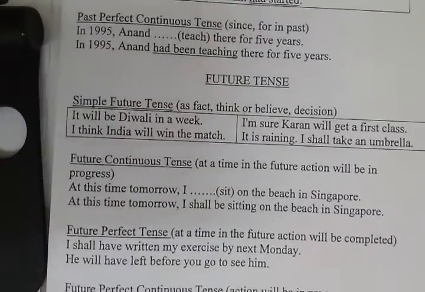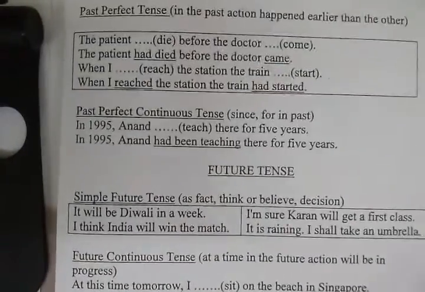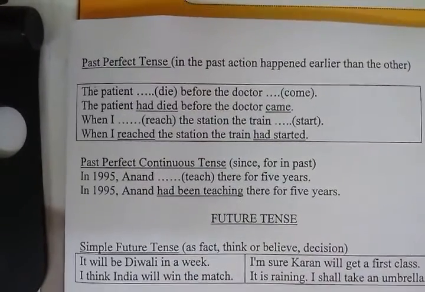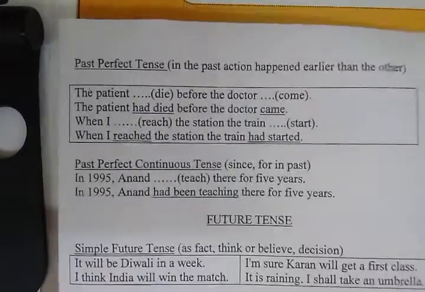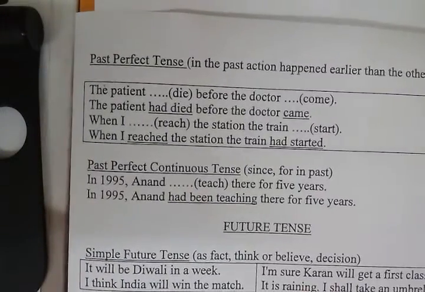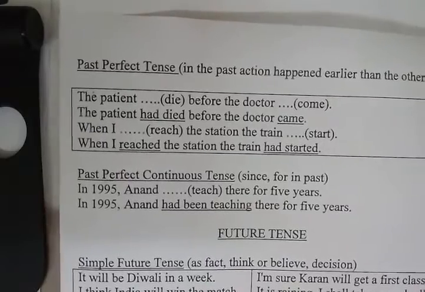Our next type of tense is past perfect tense.